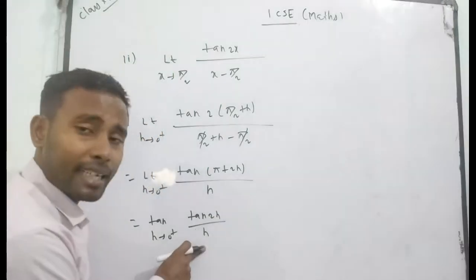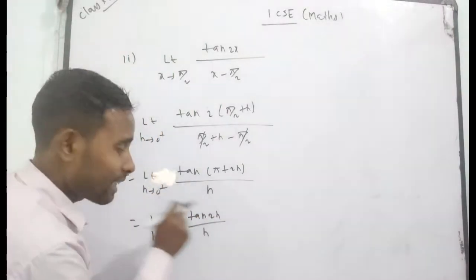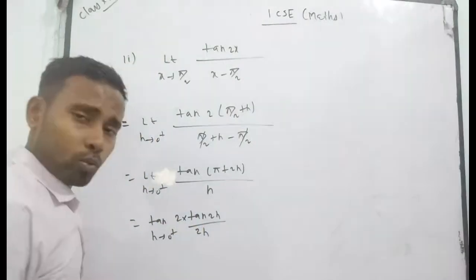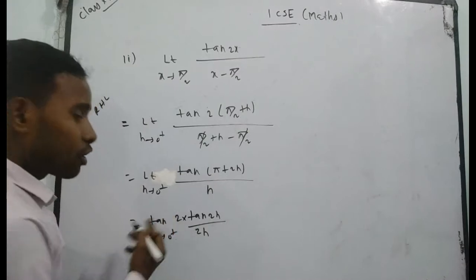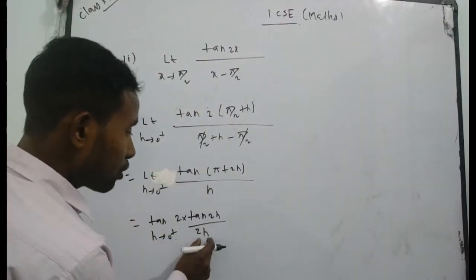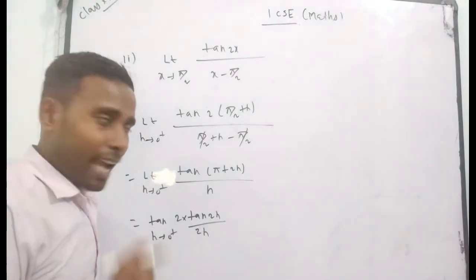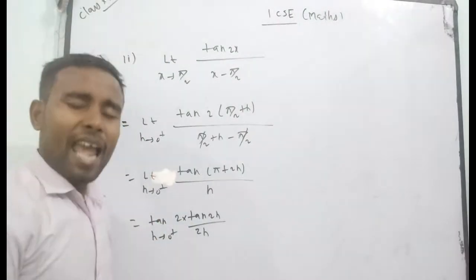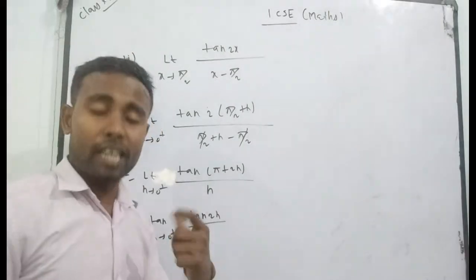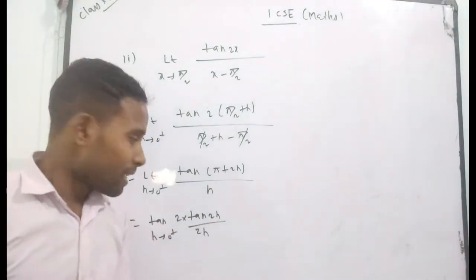In the numerator, there is 2h, but in the denominator there is h, so you can multiply numerator and denominator by 2. Then there is 2h in both. And you know that tan x by x approaches 1 if x approaches 0.